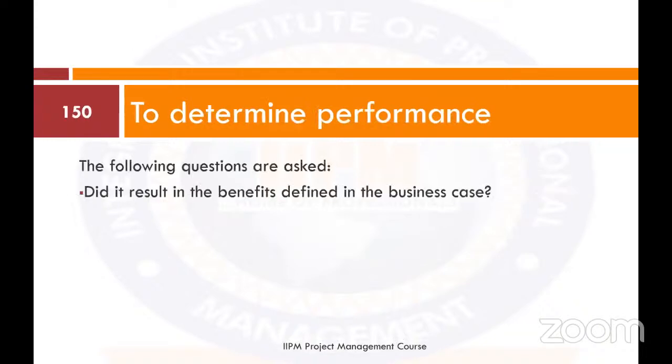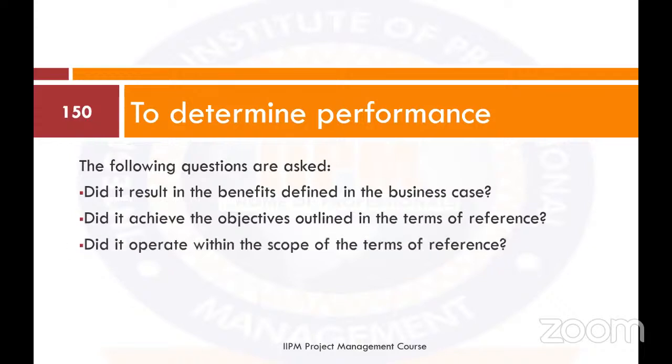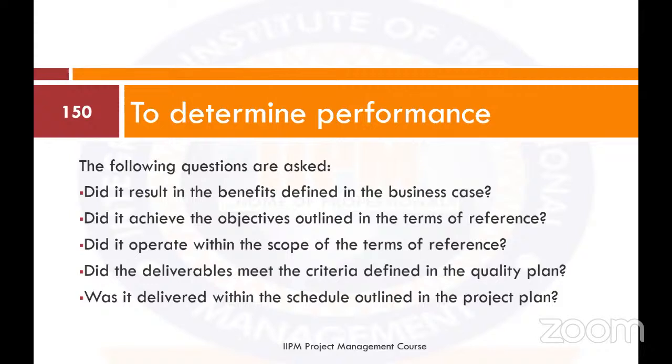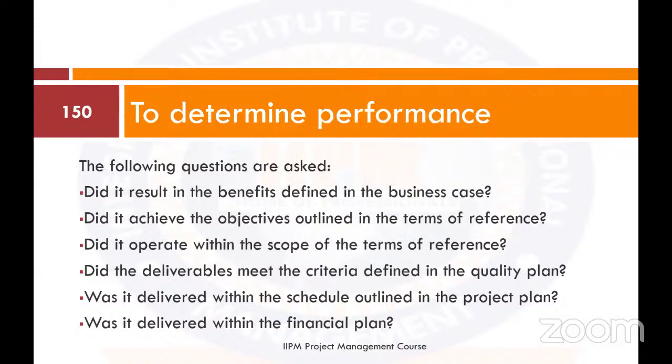The following questions are asked: did it result in the benefits defined in the business case? Did it achieve the objectives outlined in the terms of reference? Did it operate within the scope of the terms of reference? Did the deliverables meet the criteria defined in the quality plan? Was it delivered within the schedule outlined in the project plan? Was it delivered within the financial plan? All of these are the questions we asked before we could say performance had been delivered.